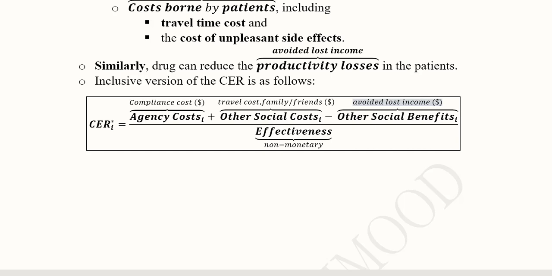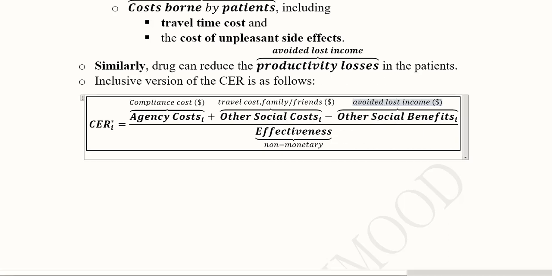So these avoided lost income due to the avoided productivity losses, they should be included in the existing monetary values, and they should be subtracted, because we are talking about the costs in the numerator, and the benefits should be deducted from there. We did not add these benefits in the effectiveness because effectiveness is non-monetary in nature, while income is monetary, because income can be easily measured.